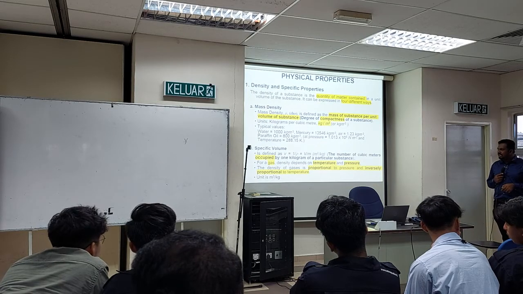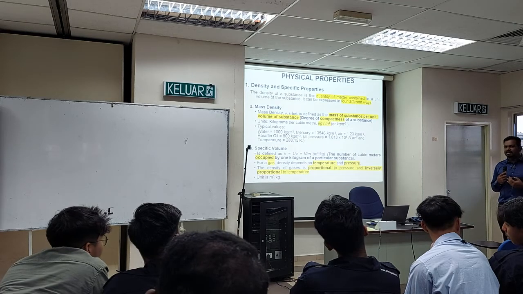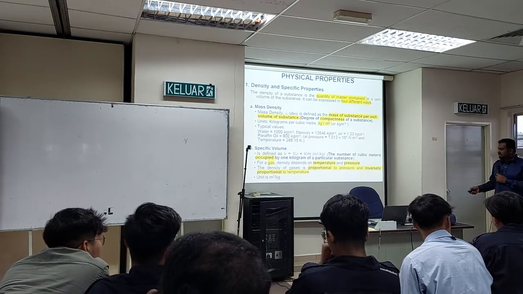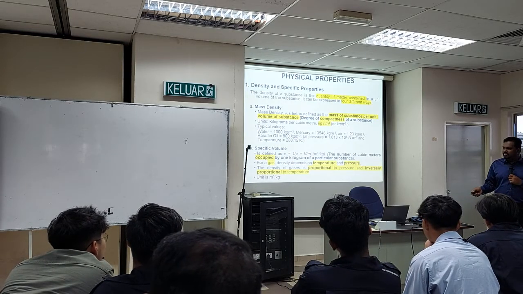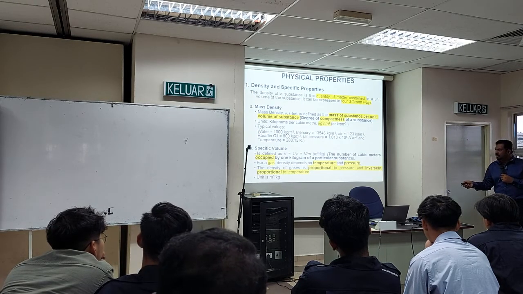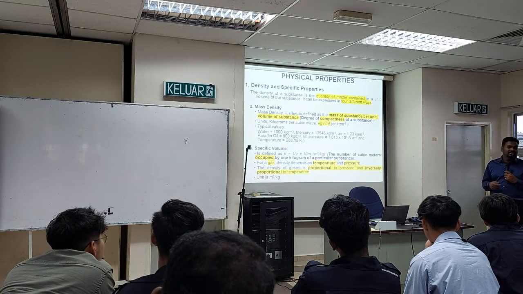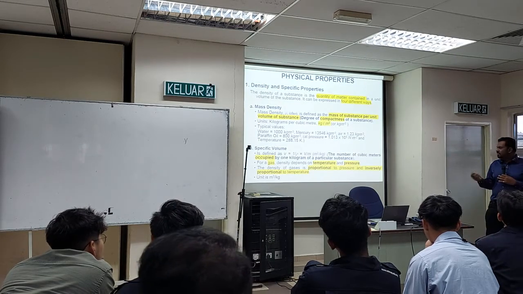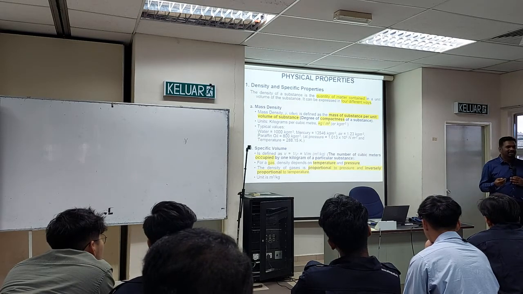So when we see a small v, usually we remember it as what? Velocity. But if you look in the exam paper, it's not given as v, but a small v, usually they will tell you it's a specific volume. It's not velocity, so that you won't miscalculate and suddenly use meter per second.